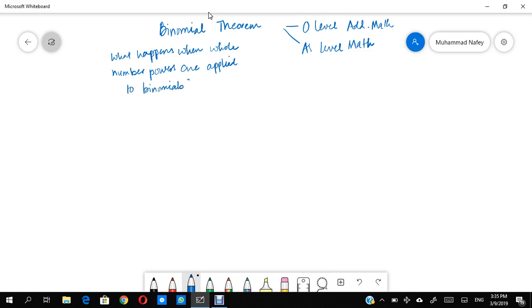This is the question that we'll be answering in this chapter. And what are whole numbers? Whole numbers are 0, 1, 2, 3, and so on.